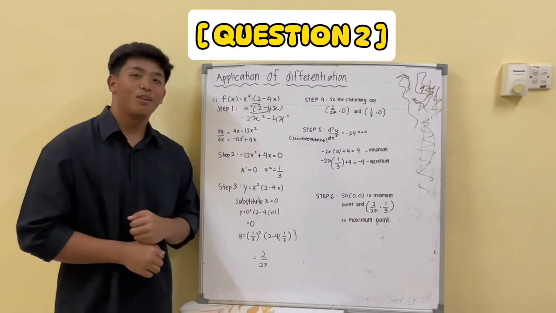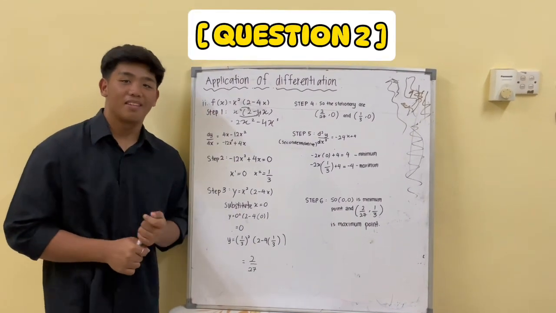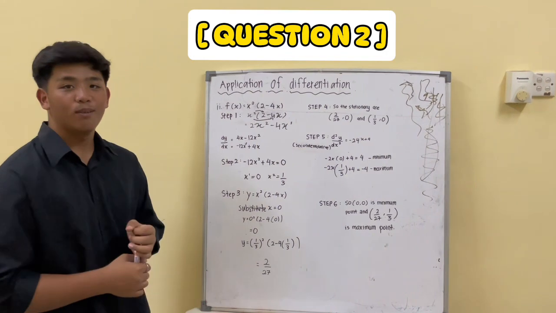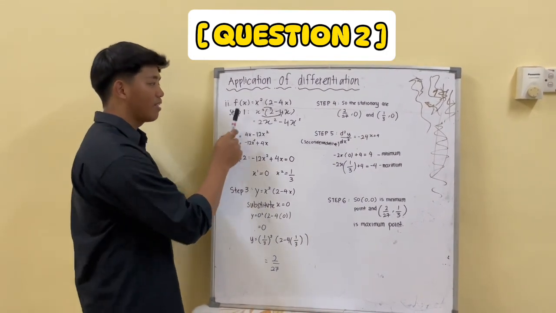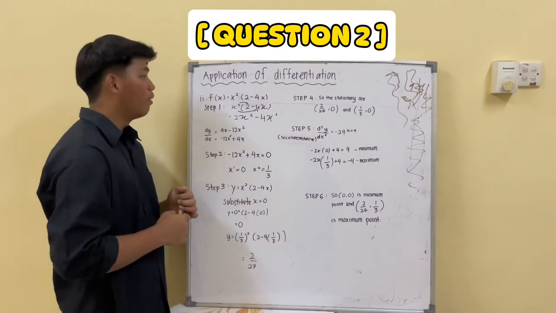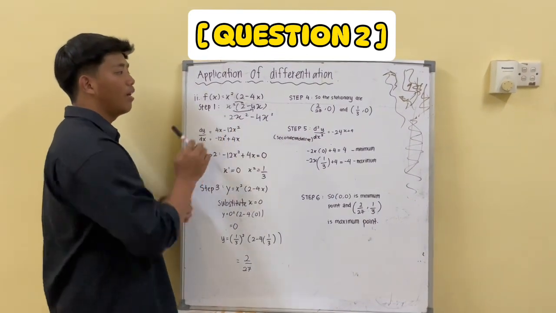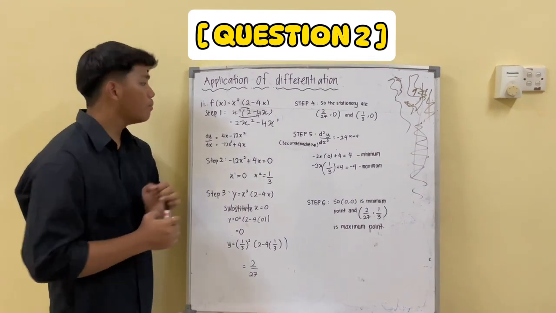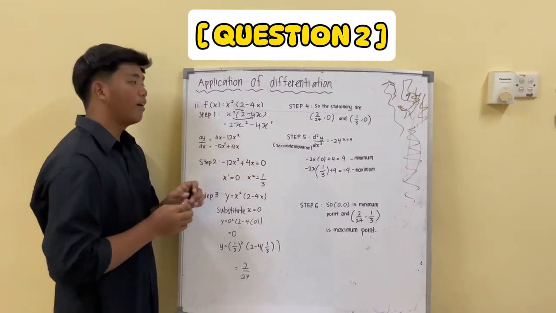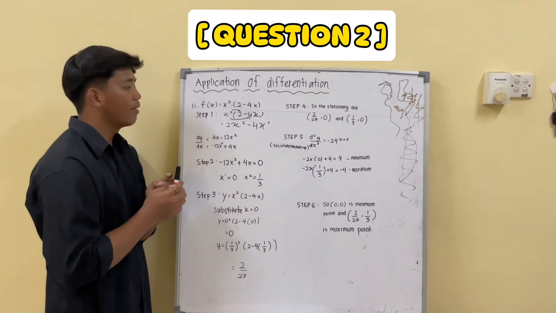Okay, I will continue with the next question. Firstly, this question doesn't use a graph. So this question is f(x) equals x² in bracket 2 minus 4x. In step 1, x² multiply 2 minus 4x.